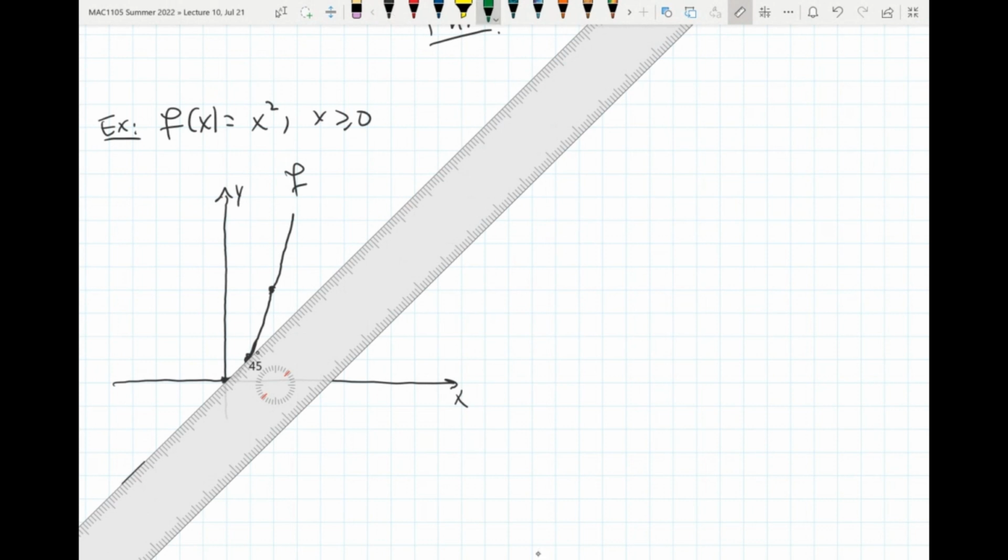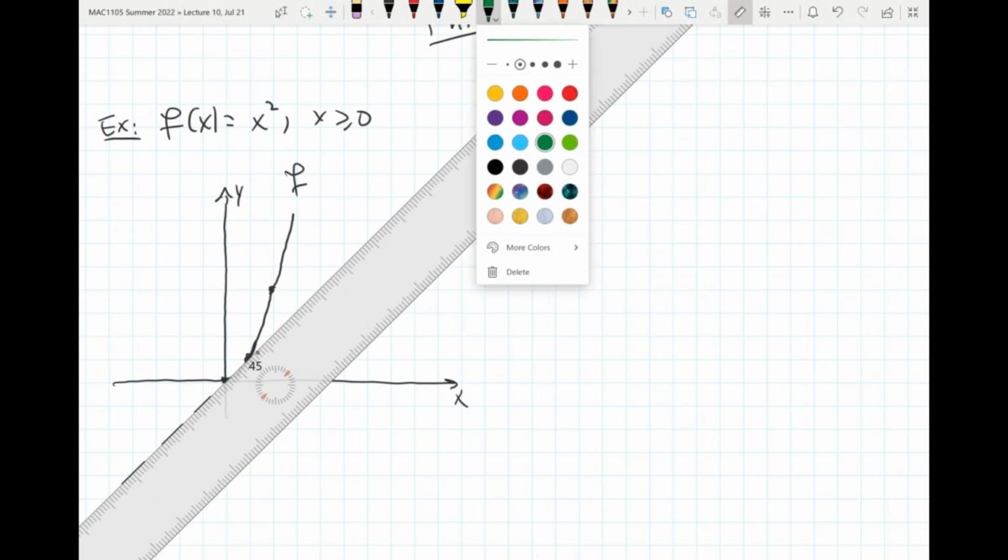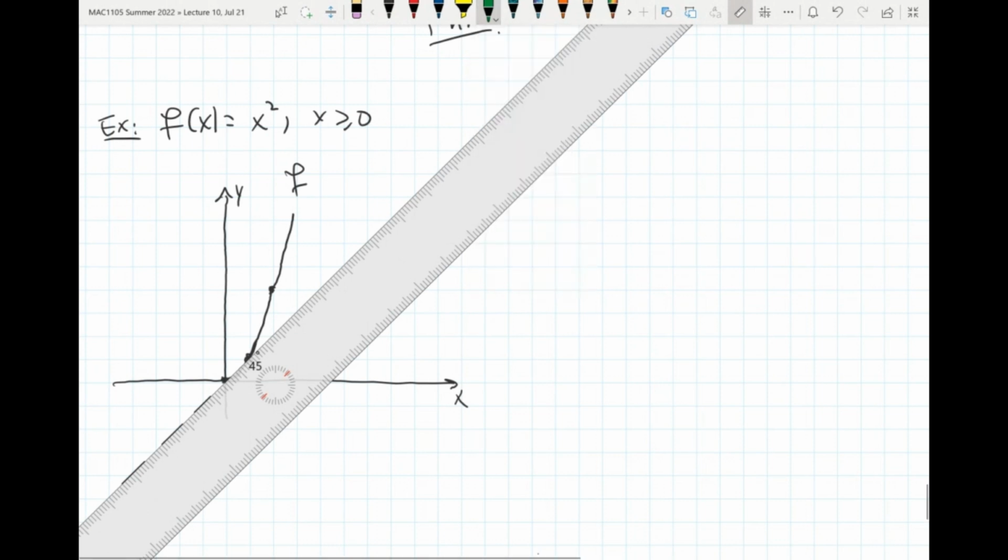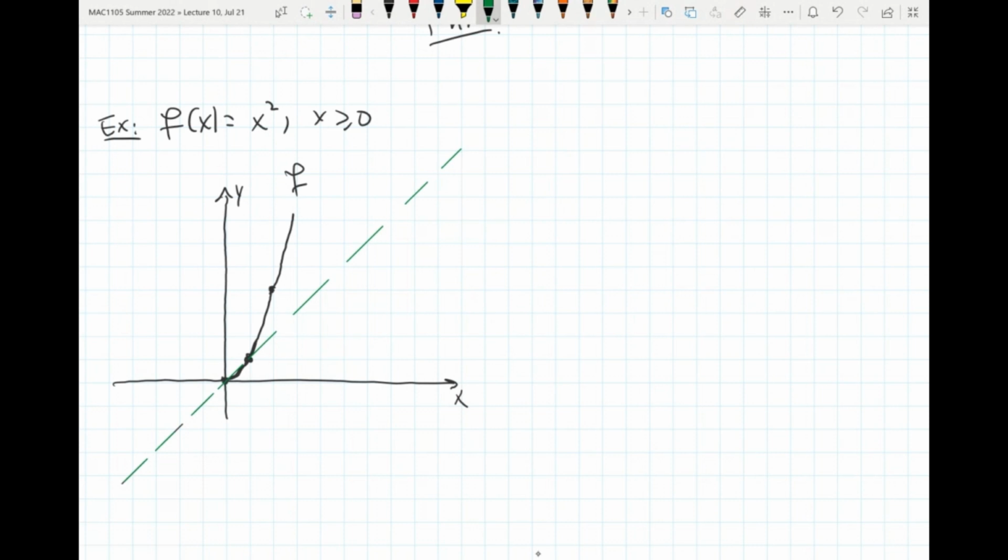So draw the line y equal x. That's the line y equal x, and then just do the reflection. So let's see. Here, this thing is not coming out the way I want it to come out. So let me do it again. This needs to be nicer.